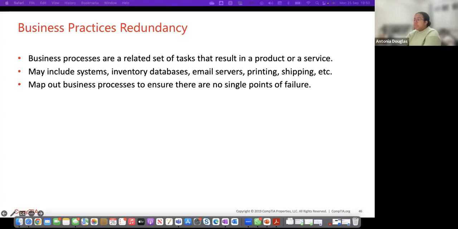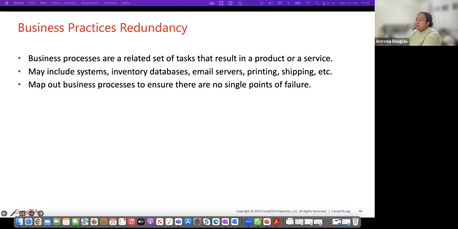So business processes are a set of related tasks that result in a product or a service. Such processes may involve many systems, including inventory databases, email servers, printing, shipping. Now, if these services or any one of their constituent parts fail, then the product is not produced.